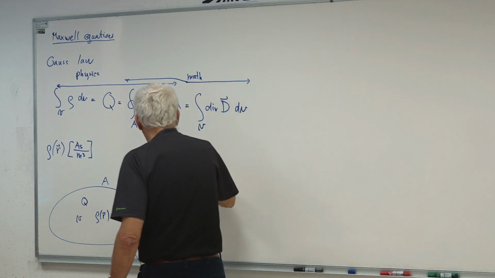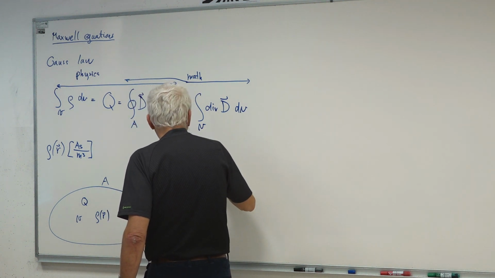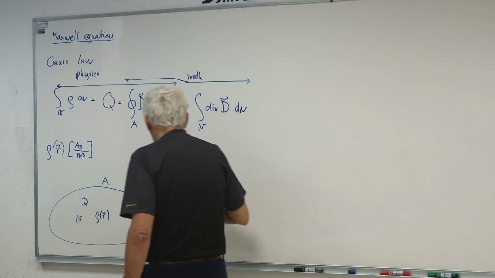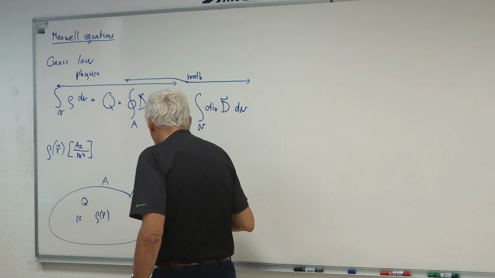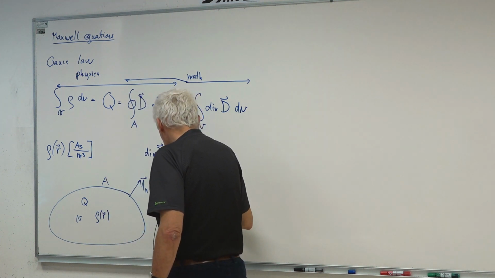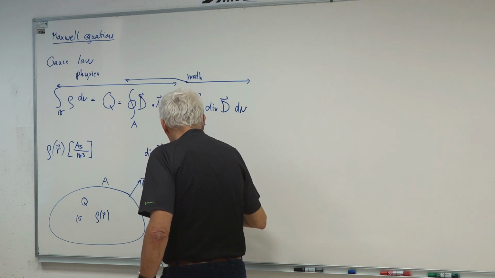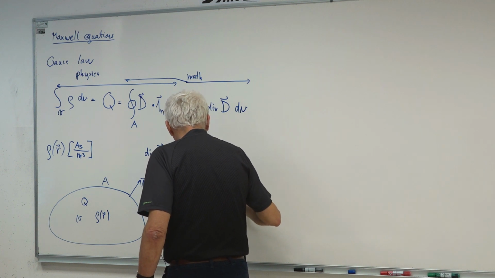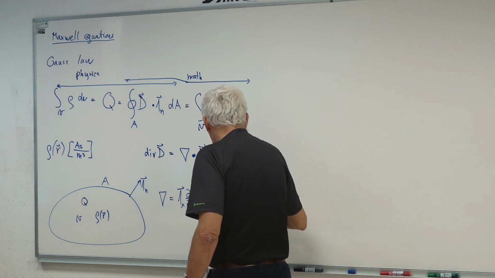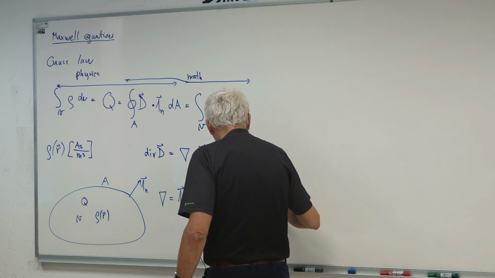Mathematically, this is defined as the differential operator Nabla, making a dot product with D, where Nabla, we are only able to write it in Cartesian coordinates. This is 1x partial derivative over x plus 1y partial derivative over y plus 1z partial derivative over z.